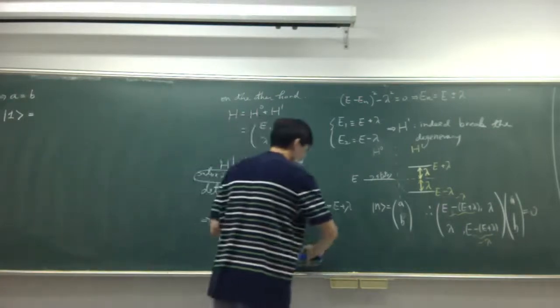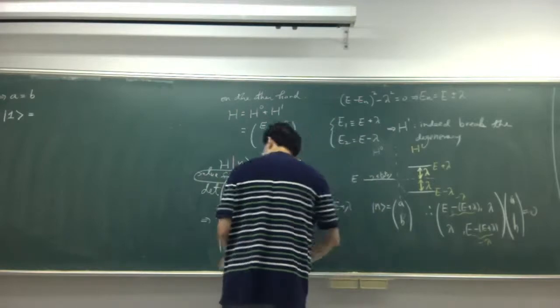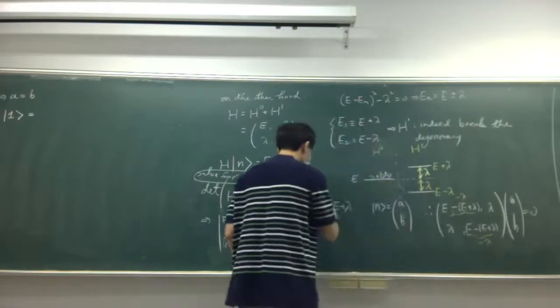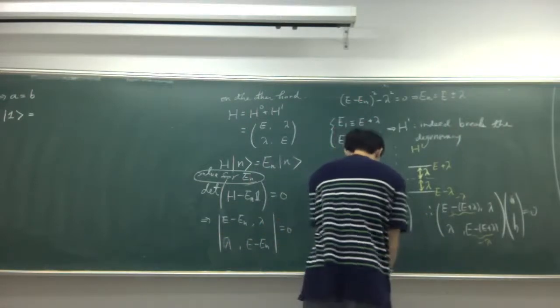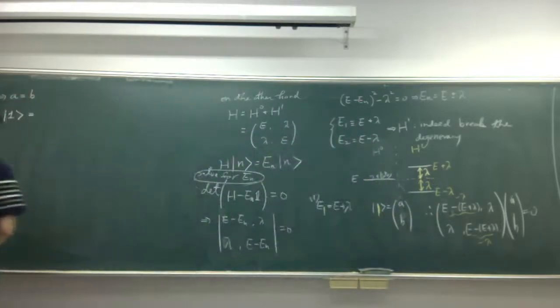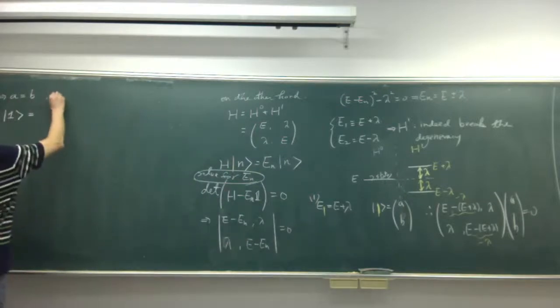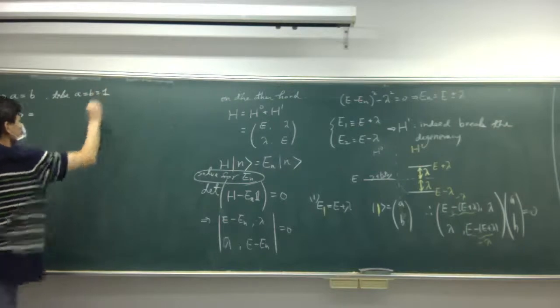Sorry, I correct my notation. I write this |1>, maybe beta, E1, okay, and then this is 1. That's beta. So I can choose my A equals, and then I take A equals B equals 1.